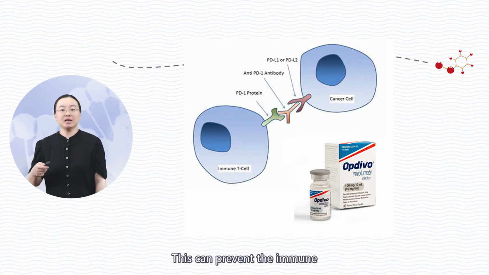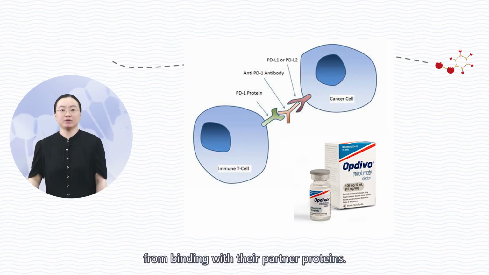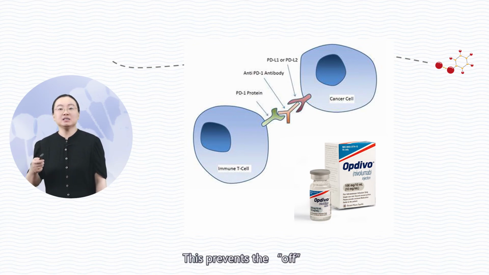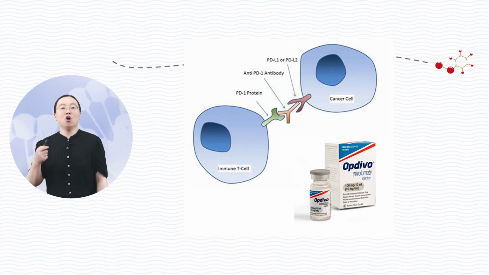This can prevent the immune system from destroying the cancer. Immune checkpoint inhibitors work by blocking checkpoint proteins from binding with their partner proteins. This prevents the off signal from being sent, allowing the T cells to kill cancer cells. For example, anti-PD-1 monoclonal antibody Opdivo.